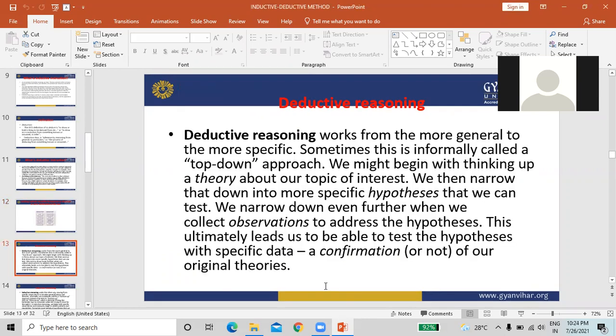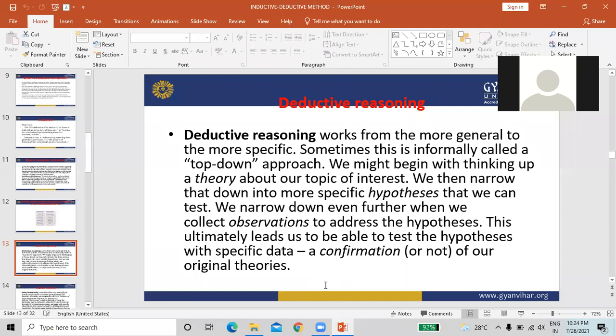Deductive reasoning works from the more general to the more specific. Sometimes this is informally called a top-down approach. We might begin with thinking of a theory about our topic of interest, then we narrow that down into more specific hypotheses that we can test.